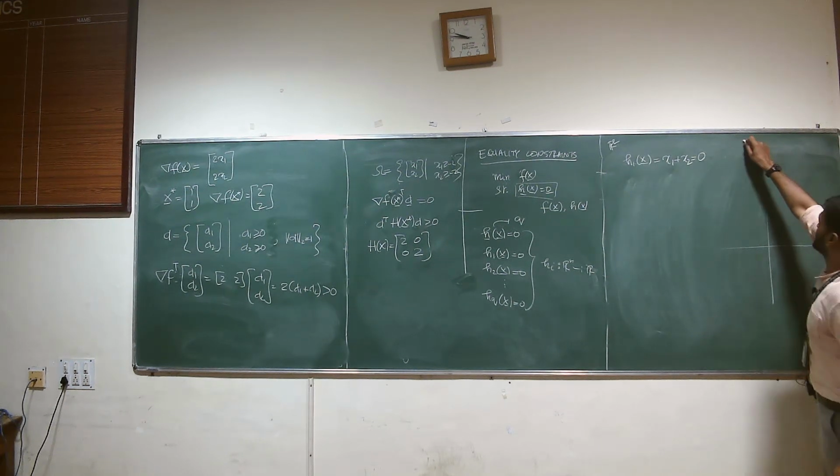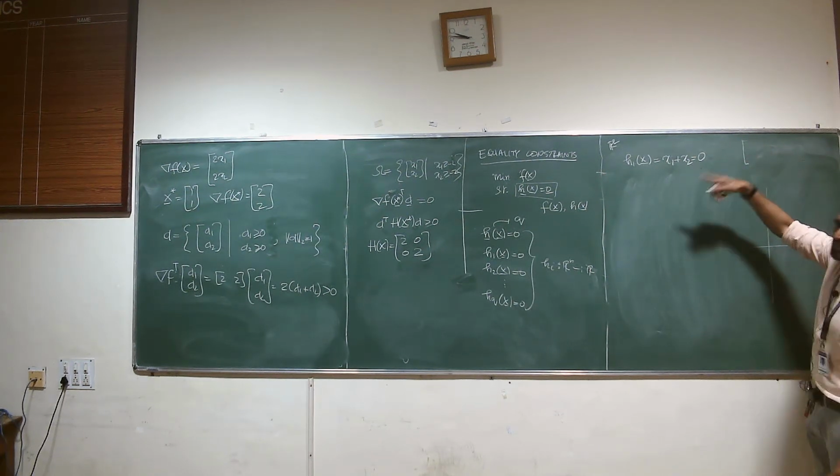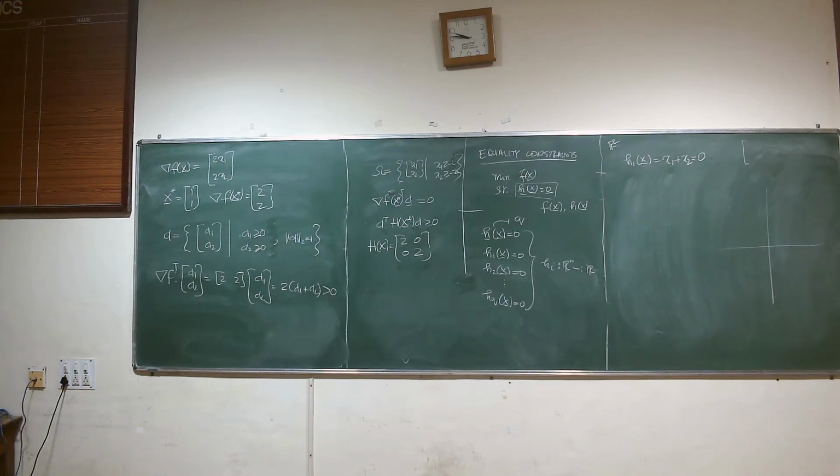Well, the feasible set is the set of points that satisfy this. So if I were to draw my omega here, how would I draw it? Well, it's simply this line.